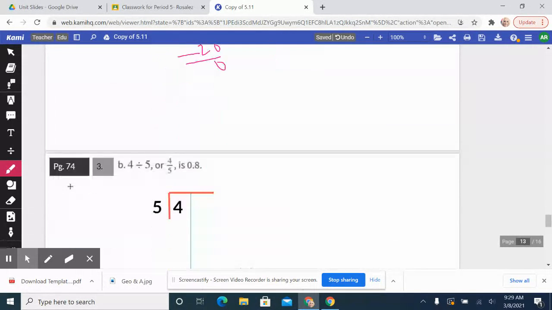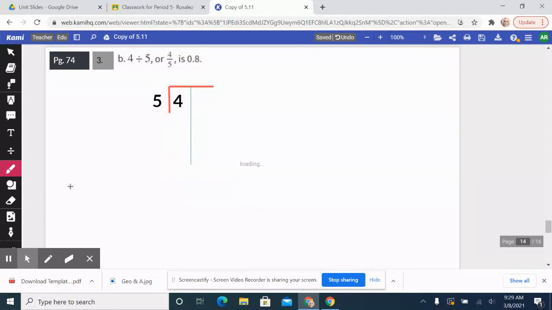Okay, so now they flipped it, kind of like what I did in the beginning. Now we'll describe why 4 divided by 5 is 0.8. Okay, well, 5 goes into 4. It doesn't, right? So I add my decimal, and then I bring it up, right? And then I add my 0, right?